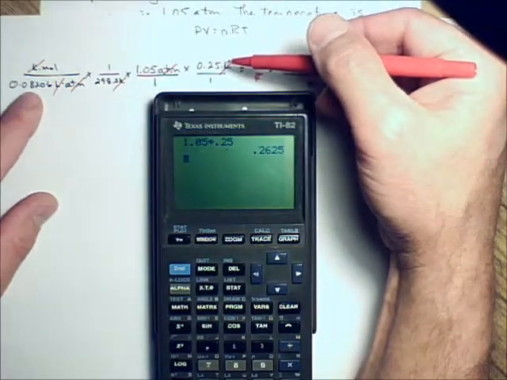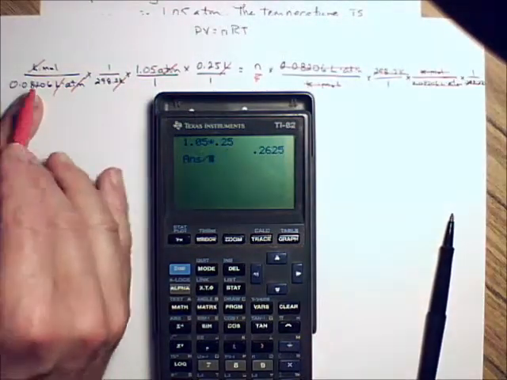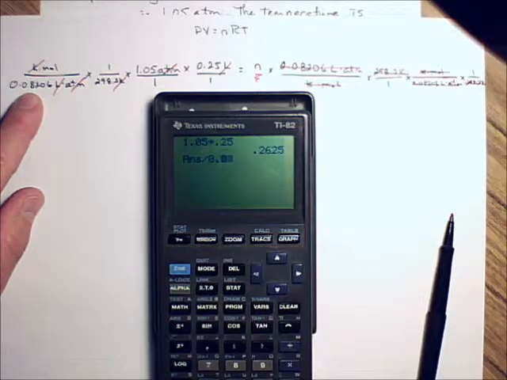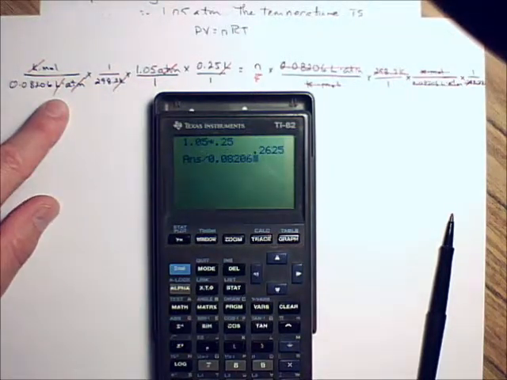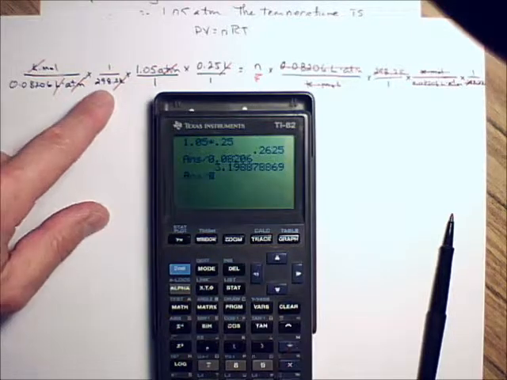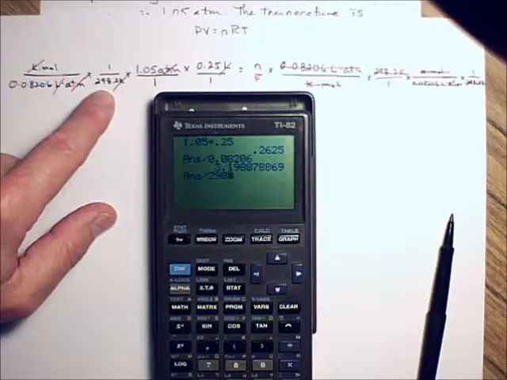Then I'm going to divide, put in this number, 0.08206, hit enter, and then divide again to put in this number, 298.2, and hit enter.